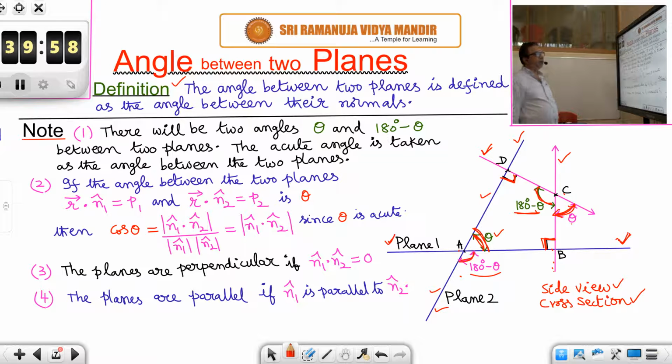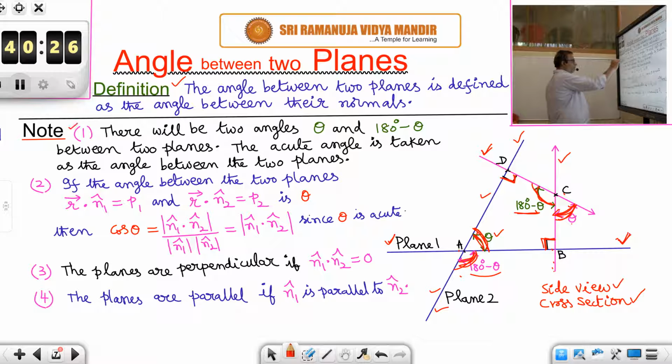The angle between two planes is defined as the angle between their normals, because this theta and this 180 minus theta are the actual angles. But between the normals also the same angles are there, theta and 180 minus theta. So therefore the angle between the two planes is defined as the angle between their normals.